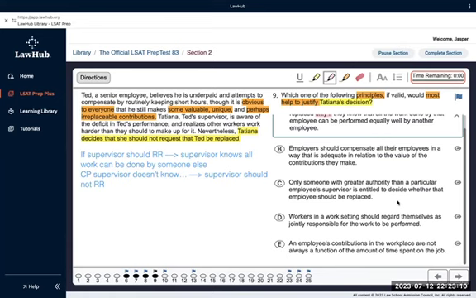E, an employee's contributions to the workplace are not always a function of the amount of time spent on the job. So this one would maybe help, right? So the amount of time spent, that's Ted's main issue, is that he's keeping short hours, but he's still able to contribute.